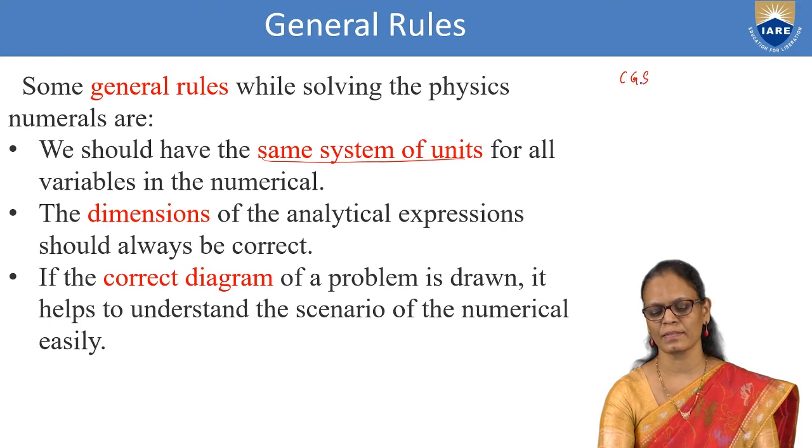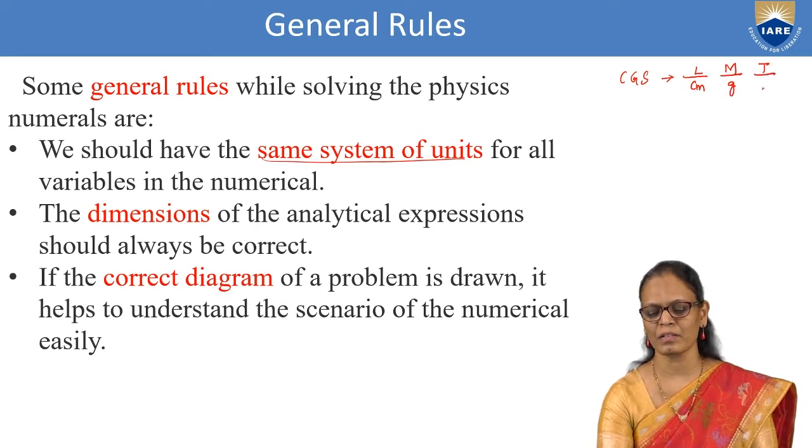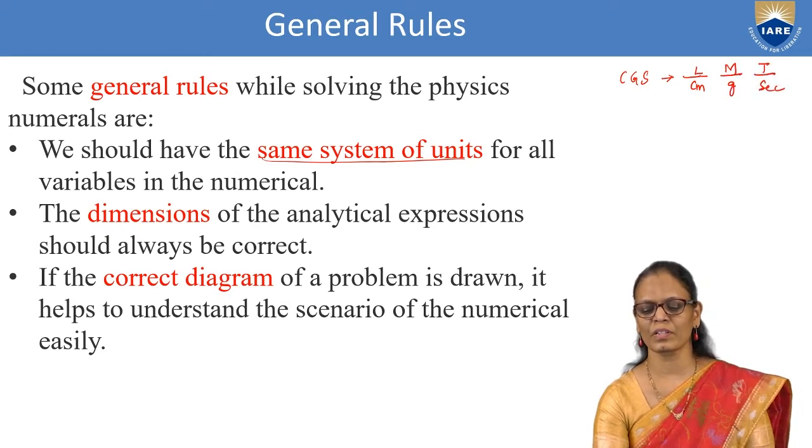The CGS, where we have length in centimeters, mass in grams, and time in seconds. These are the three fundamental quantities we are talking about: length, mass and time. It is in centimeter, gram and second.